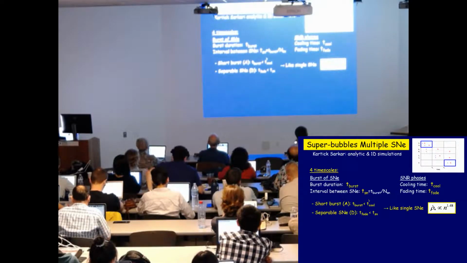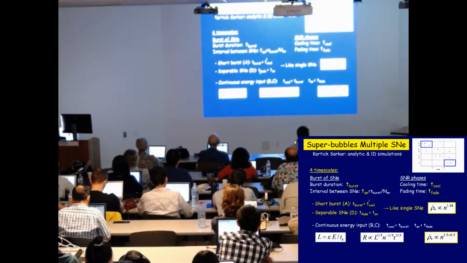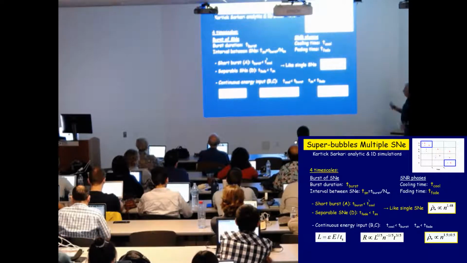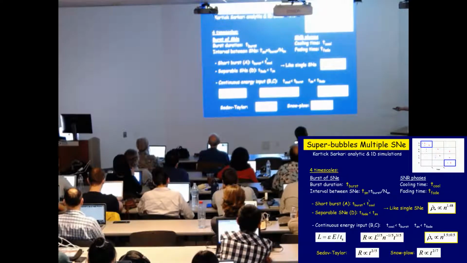So we've done all of them, and what we find is that for short bursts and very long bursts, when you can separate them, one dies before the other one starts. In those 2 cases, they behave like a single supernova. They give the same Kennicutt-Schmidt relation automatically. In the case where you have continuous energy input by the supernovae, there's yet another solution between the Sedov-Taylor and the snowplow, which is 2/5 and 2/7.